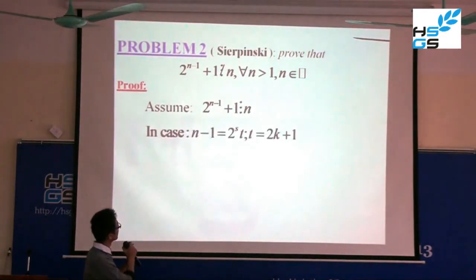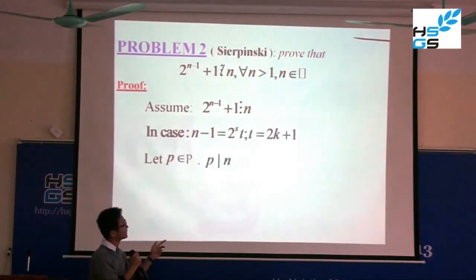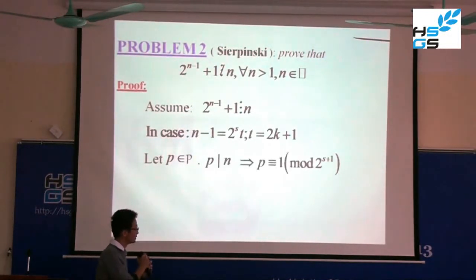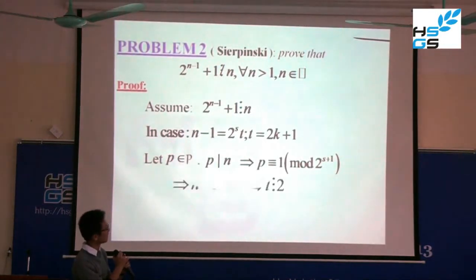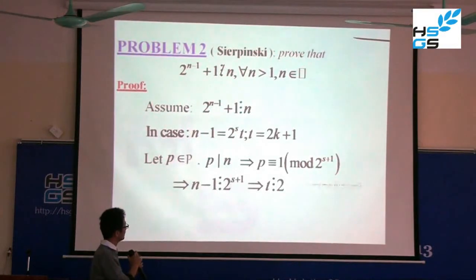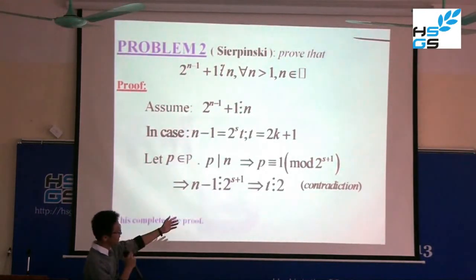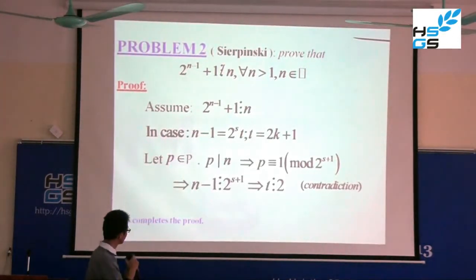In this case, n minus 1 is of the form 2 to the n times an odd integer, where p is an arbitrary prime divisor, and we see that it is congruent to 1 modulo 2 to the n plus 1, and hence n minus 1 is divisible by 2 to the n plus 1, and finally we will get that this is divisible by 2. We come to our desirable contradiction. This completes the proof.